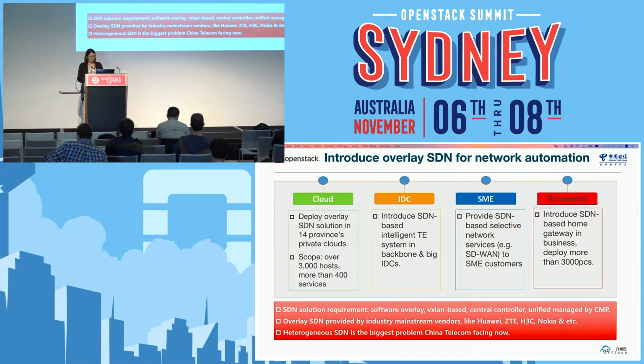For residential customers, we've provided SDN-based home gateway. As more and more SDN solutions are deployed, we will encounter a big problem in managing all these heterogeneous SDN networks. That's why we developed SDN Hub.